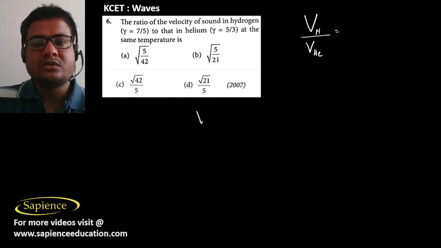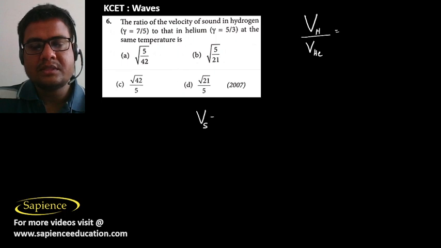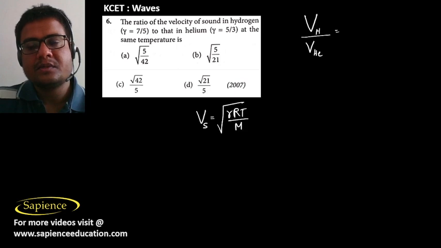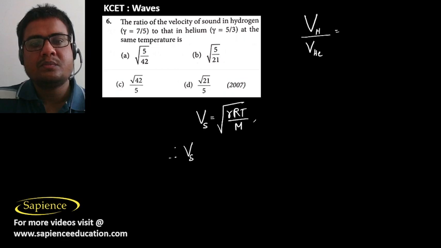So we know that velocity of sound in gases is given as square root of γRT by M. So if the temperature is constant, then the velocity of the sound will be proportional to root over γ by M, where M is the molar mass of that gas and R is the universal gas constant.